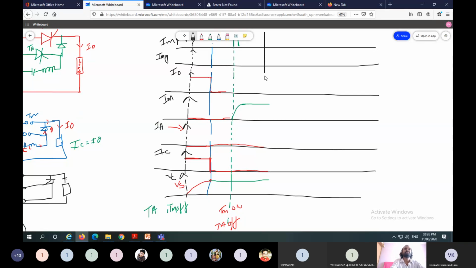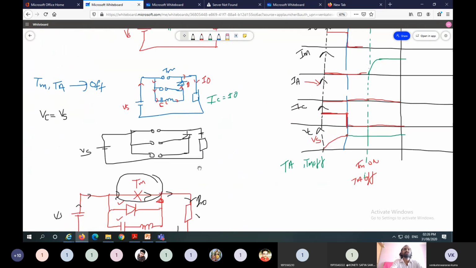At this point, if you apply gate pulse to auxiliary thyristor, this one is the gate pulse to auxiliary thyristor. So here also TA starts conduction.